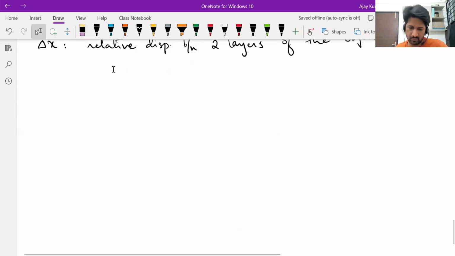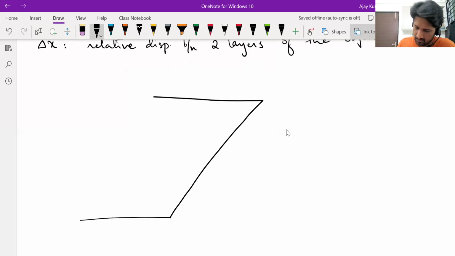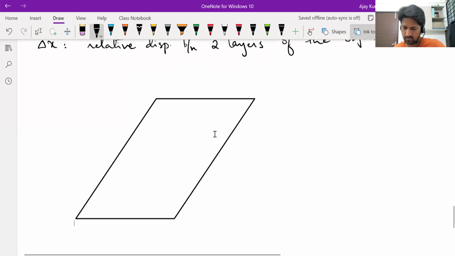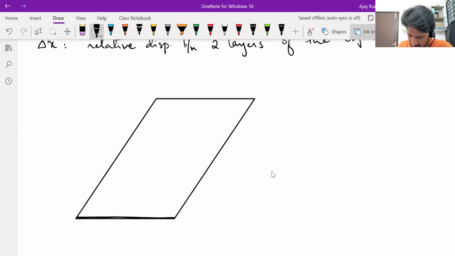Let me show you a better diagram. Just the side view if you consider. After deformation, assume this is the situation. The bottommost layer was shaded in black. It stays where it was. One layer in between was shaded in green.